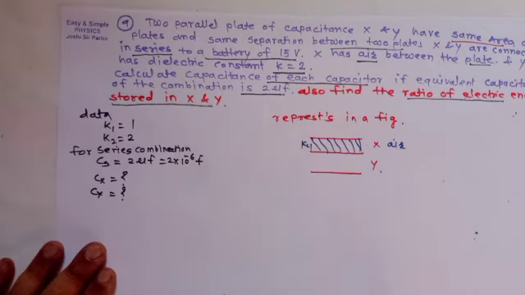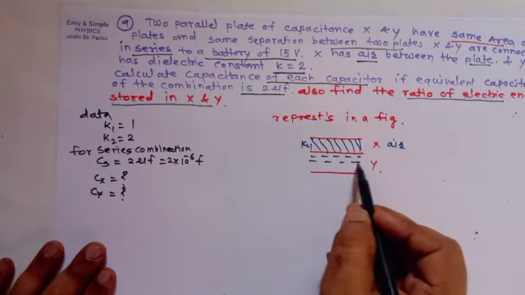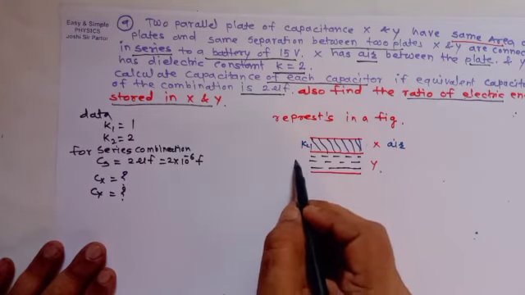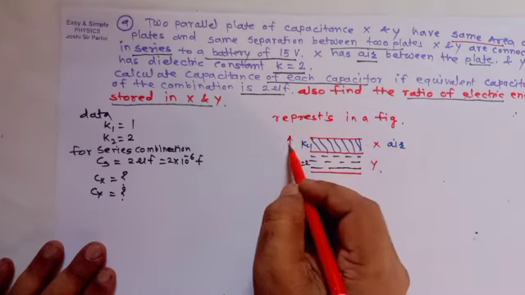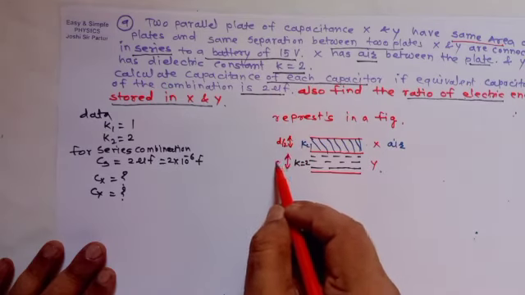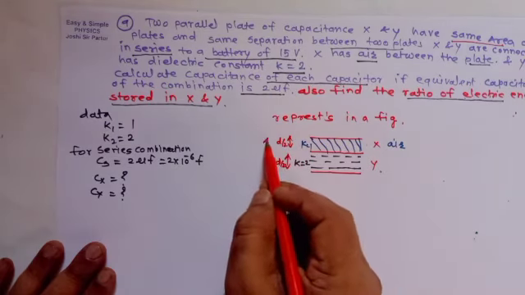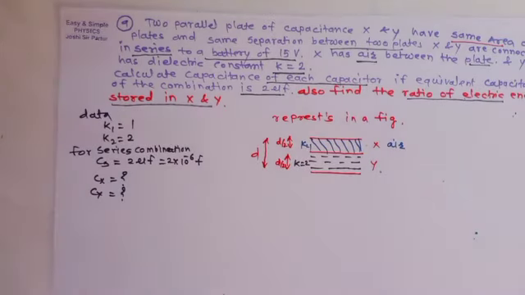And between the plates of Y, K equal to 2. The distance in each is d upon 2, which means the distance between the two plates is small d.